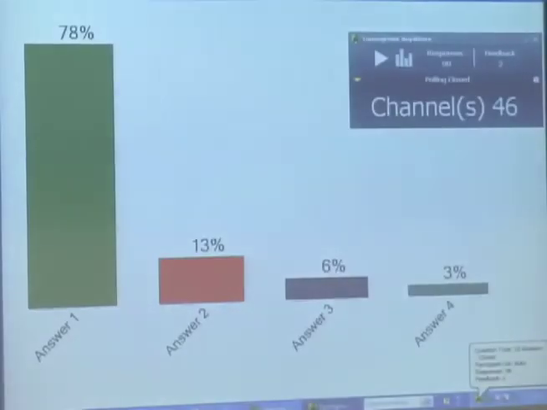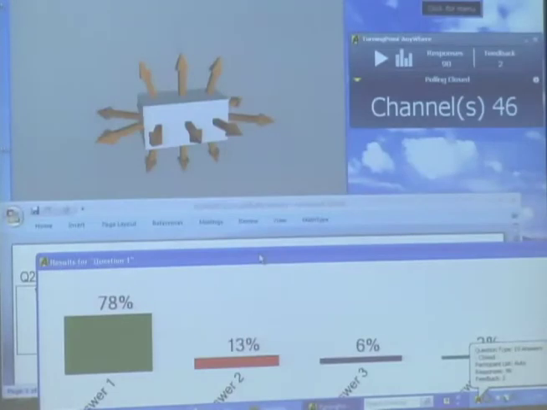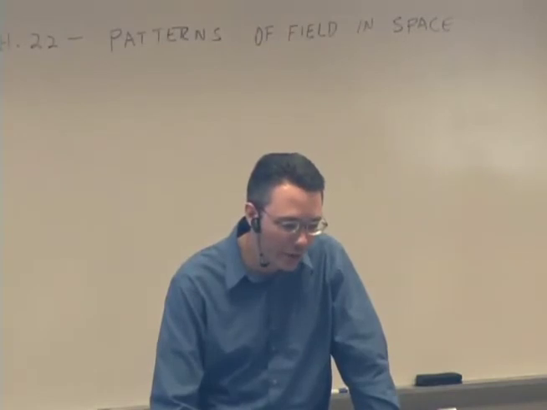That's a good one. Most of us will say that there is positive charge inside the box. How do you know that? It's pointing away from the interior, right? We know that electric fields due to positive charges point away from positive charges. So if I were to zoom in here, there are our positive charges.